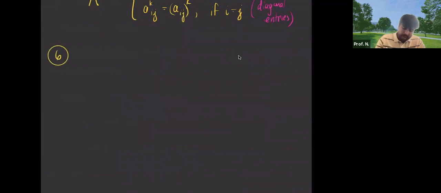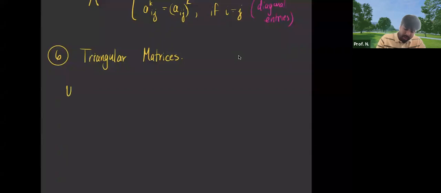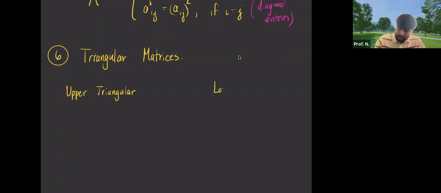Another kind of matrix that we have are called triangular matrices. And there's two kinds: upper triangular and lower triangular.